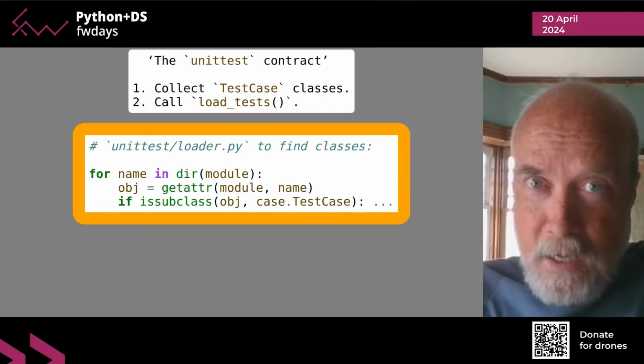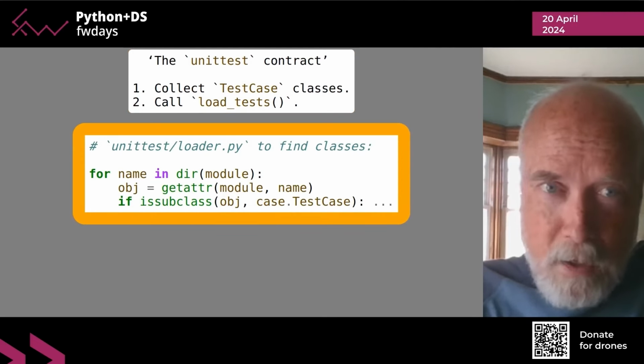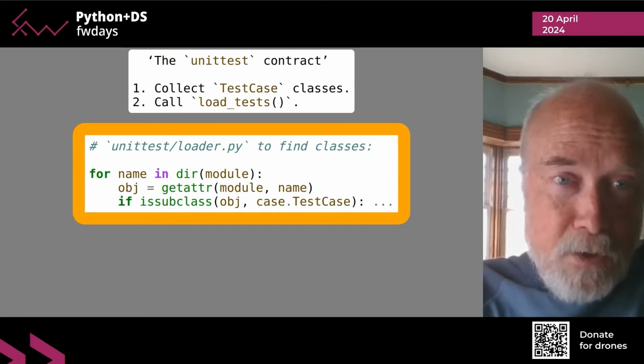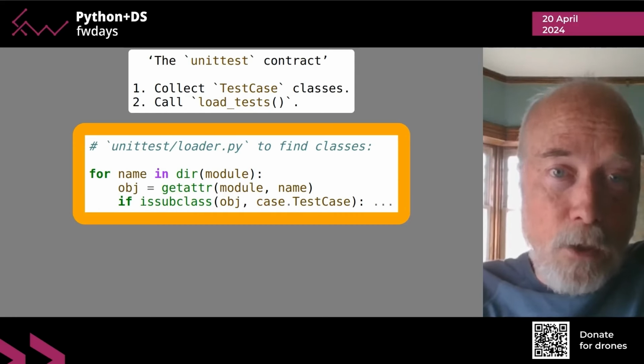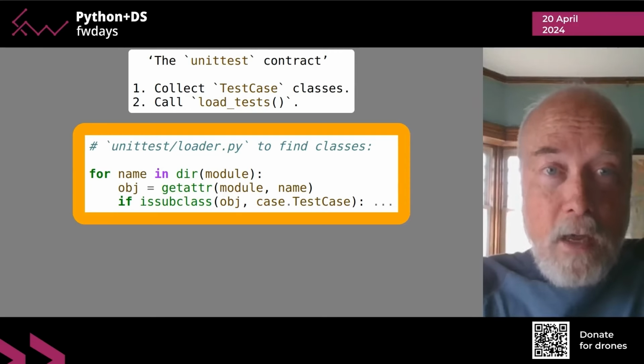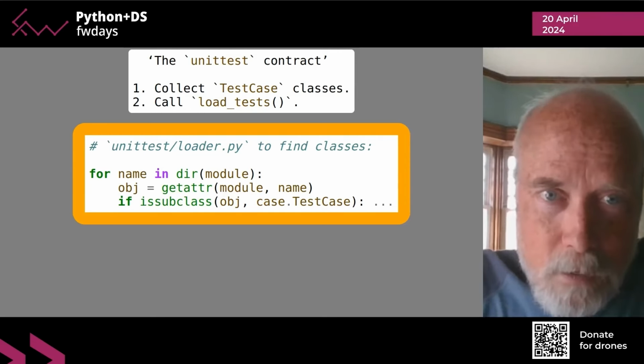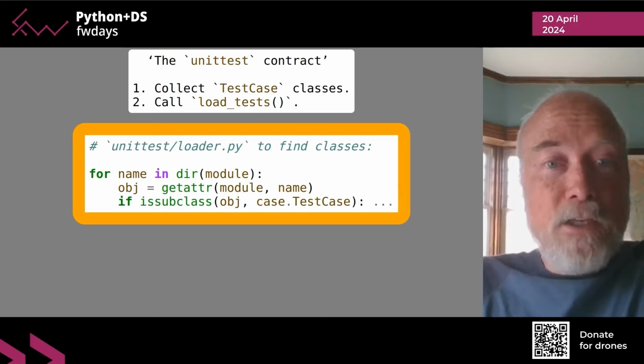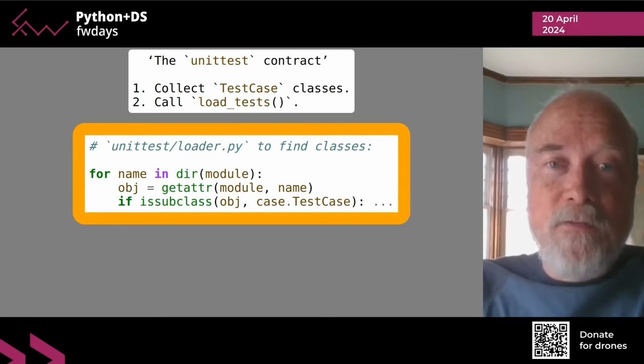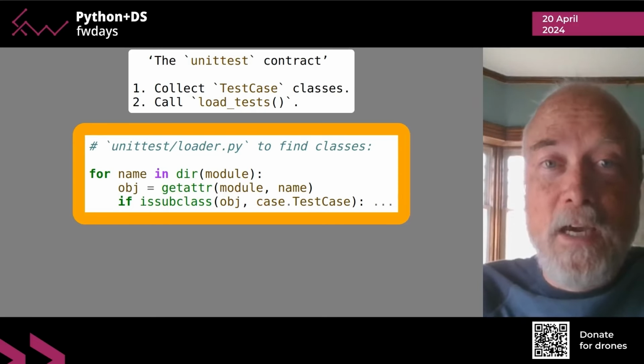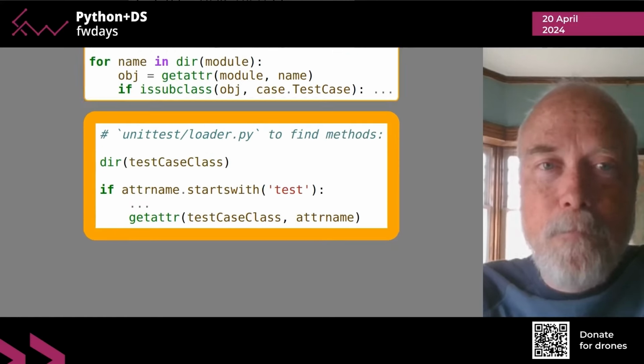You can peek inside of unittest's code, it's written in plain Python, to see how it works. In unittest's loader, this is what it does to find classes. For name in dir of your module, it getattrs each name and checks if it's a subclass of TestCase. Simple enough.